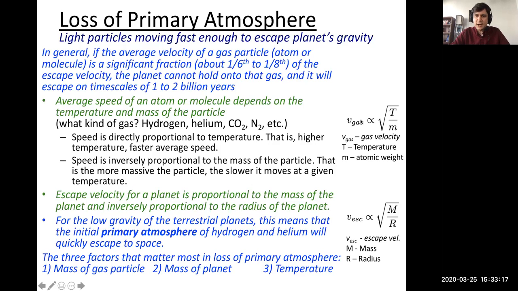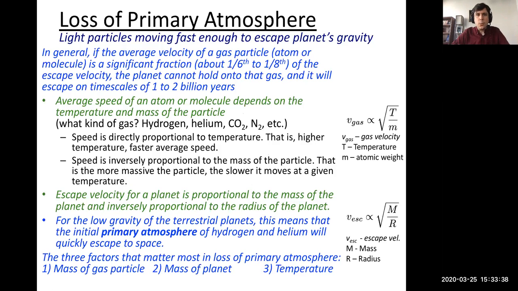So if we get our average speed close to the escape speed for a planet, we'll start getting more and more of those gas particles that are moving above the escape velocity of the planet. And if they're above the escape velocity of the planet, then if they go out to outer space, they're never coming back. They will drift away.